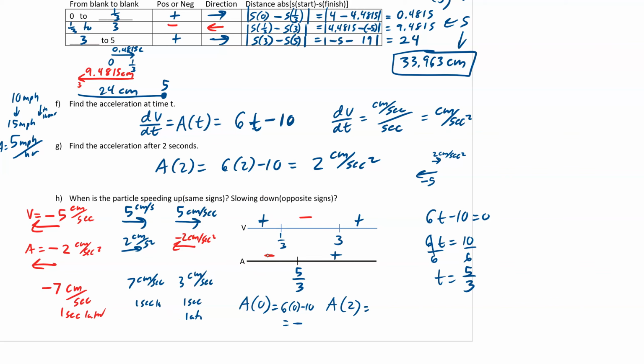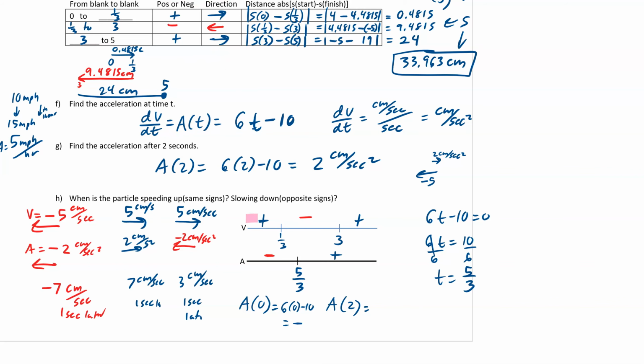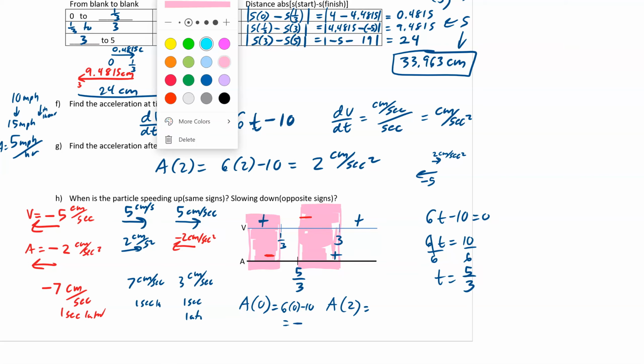So we're going to mark these with pink for decelerating. So from here to here, this is decelerating. Where else are the signs different? Here. You can see that they are different signs. And then we're going to do a light blue for good.